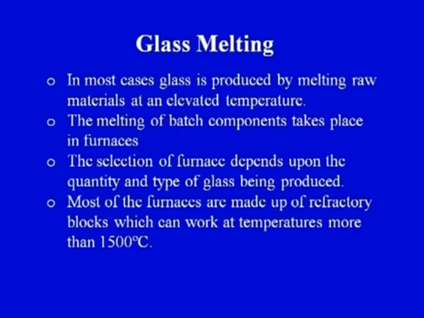So once we have the batch components ready, that is the constituents that would form the raw material, then it is melted, and once it is melted the molten glass is formed using any of the techniques which we have already discussed or some of the techniques that we are going to discuss in today's lecture.